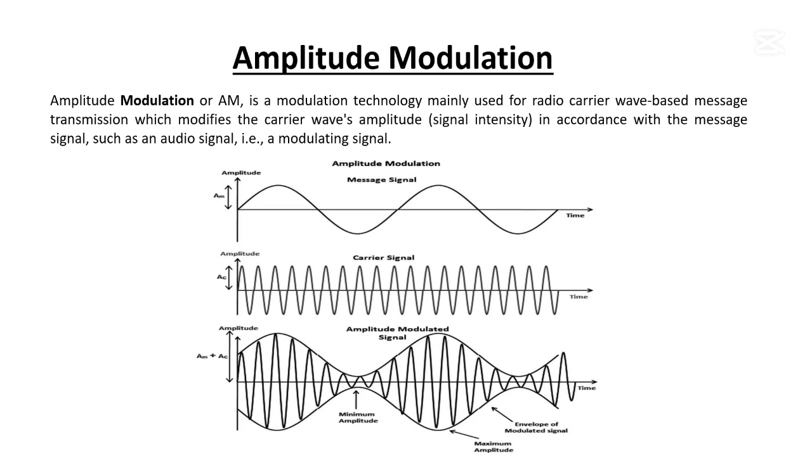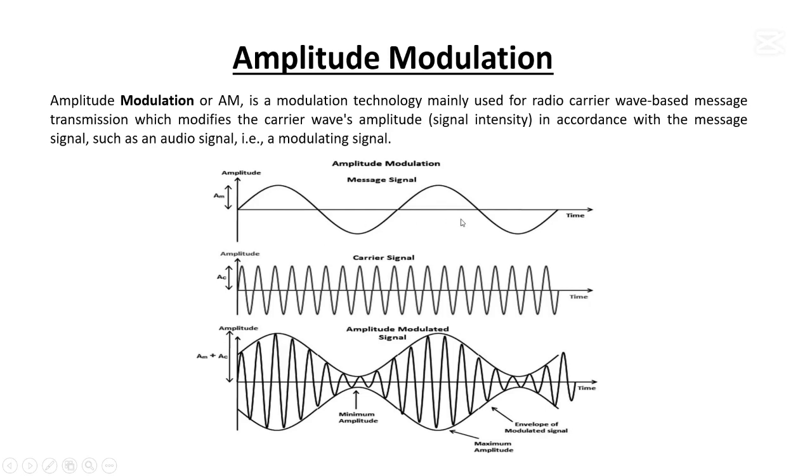The only change we will see here is the amplitude of this carrier signal. We will have the same carrier signal, and only its amplitude is changed according to this message signal. This is actually called amplitude modulation.